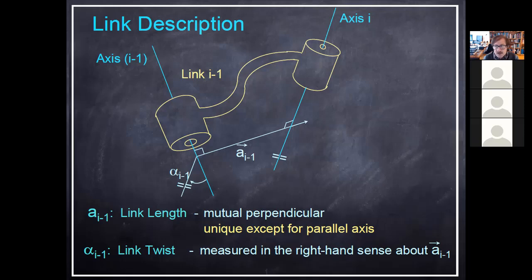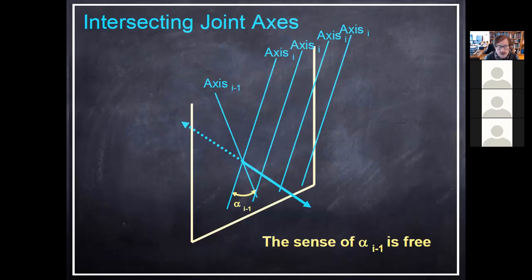So by these two parameters, I can describe the link. So what did I do? For intersecting the links, I actually projected the ith axis all the way to the i-1th axis so that they intersect each other, and the angle in between is the twist angle. So I show it by alpha.